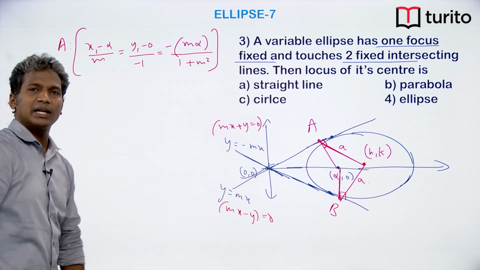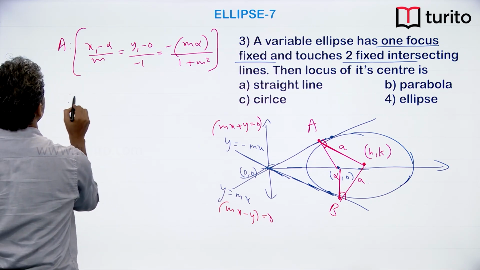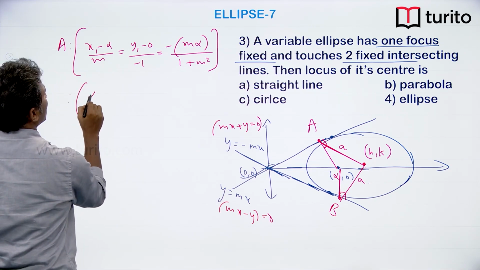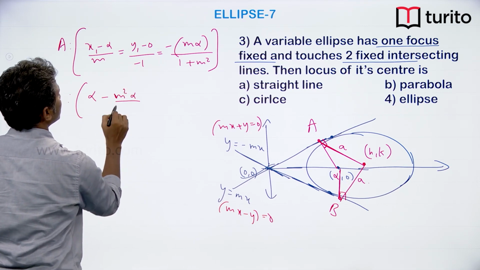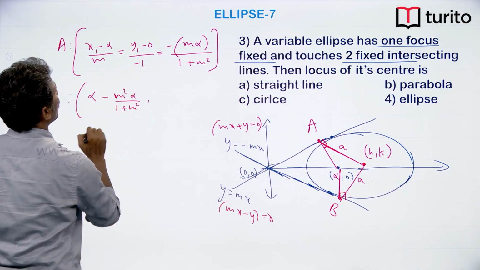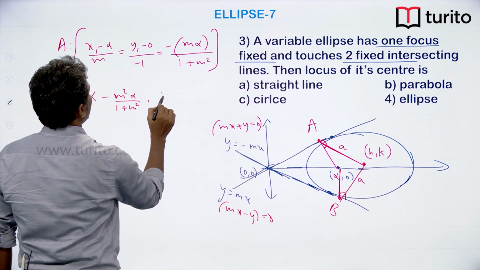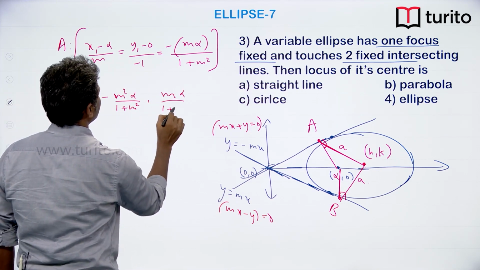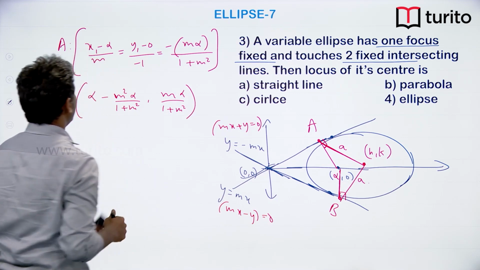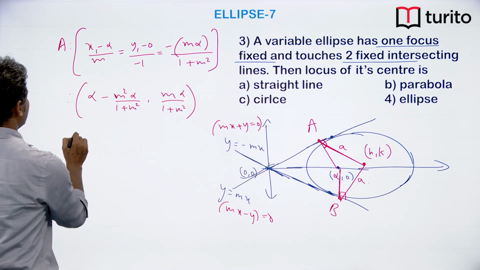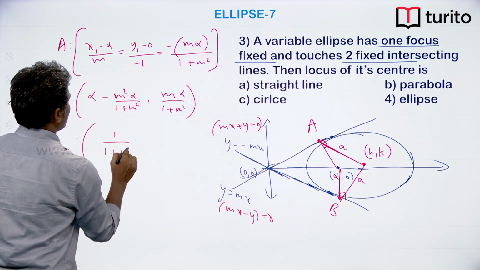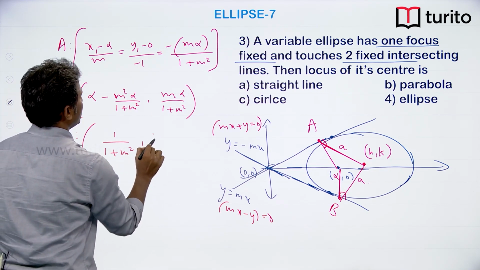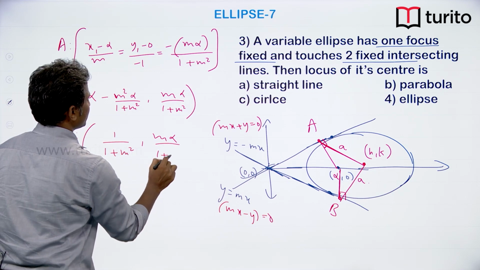So, from this we can get the coordinates of A, which are going to be alpha minus m square alpha by 1 plus m square, comma m alpha by 1 plus m square. Now, if I simplify this, of course, I will get one point which is going to be 1 by 1 plus m square, and here it is going to be m alpha by 1 plus m square.